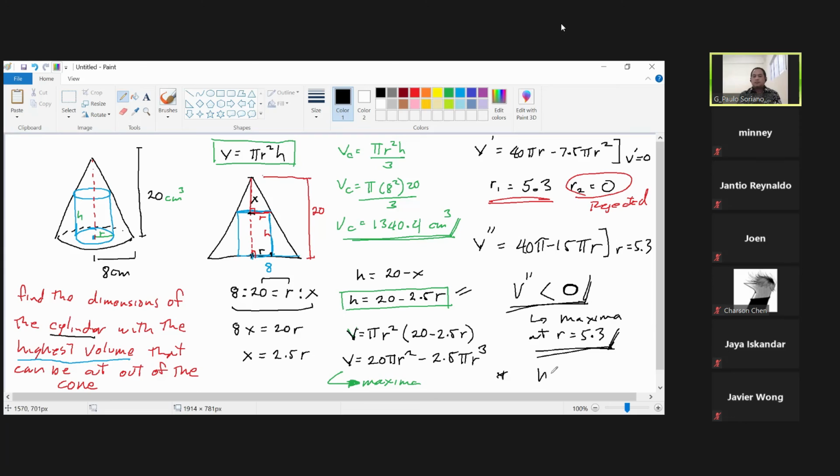Okay? What's the height anyway? 5.3 at the radius times 2.5. That will be 6.75. 6.75 or 6.65?